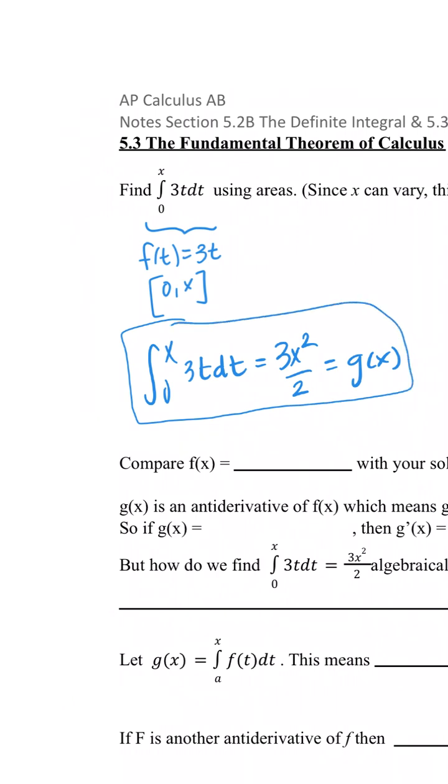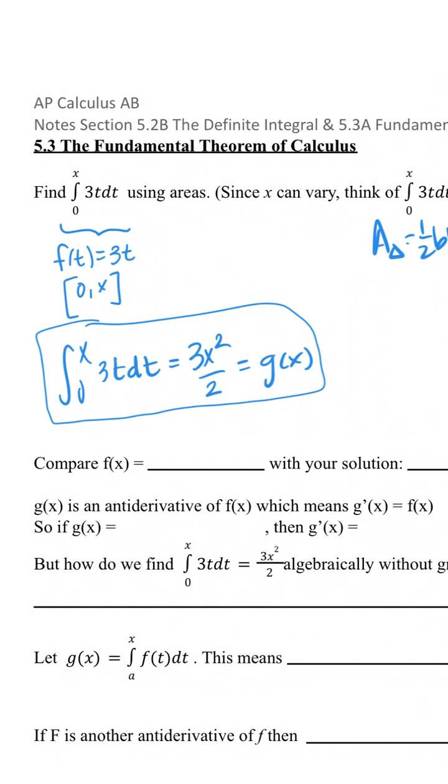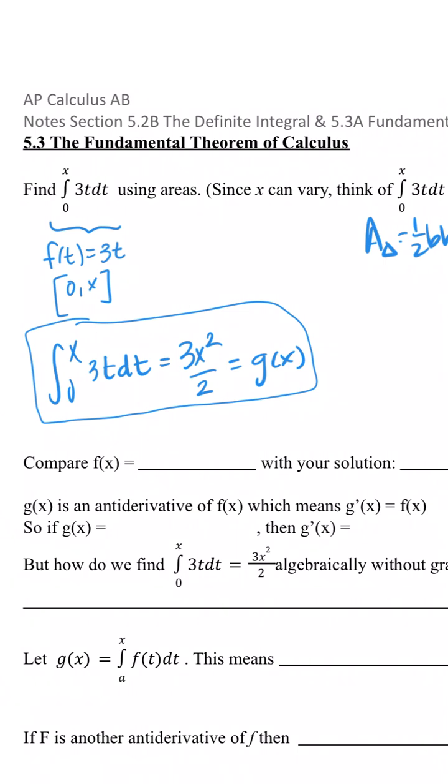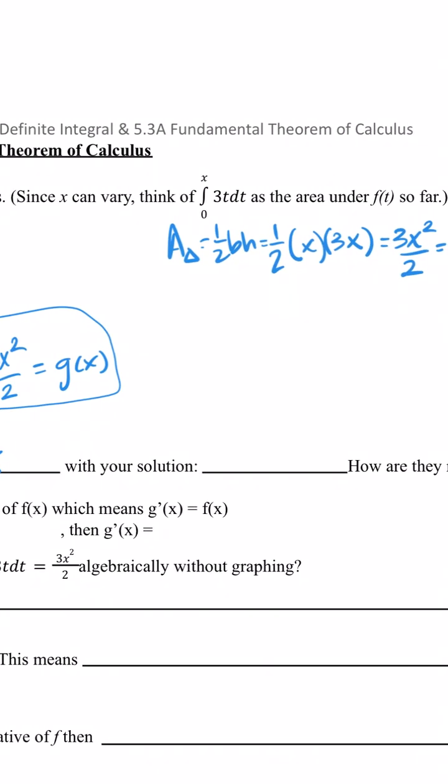Now let's compare f of x, which is 3x, and our solution, g of x, which is 3x squared over 2.